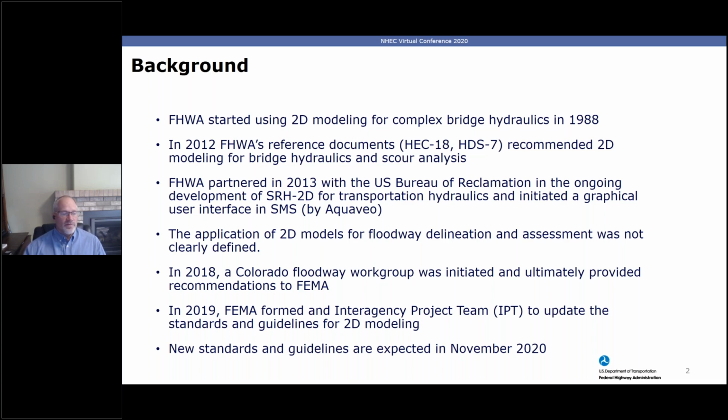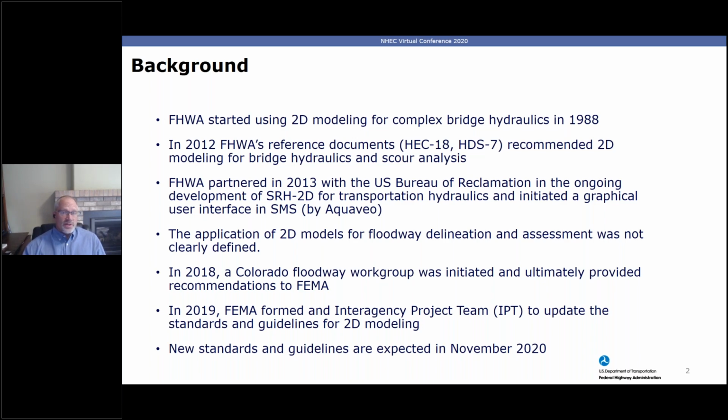And as a result, FEMA formed an interagency project team about a year ago, a little longer, mainly to assess what standards and guidelines need to be modified to best accommodate 2D modeling. And a lot has happened. Or I should say that team has been very successful. Pretty impressed with the engagement and the level of effort there by FEMA and others.